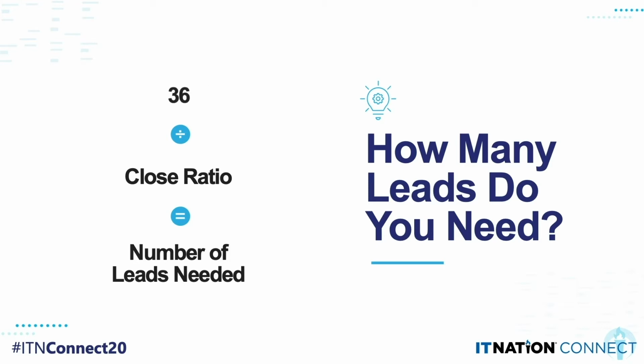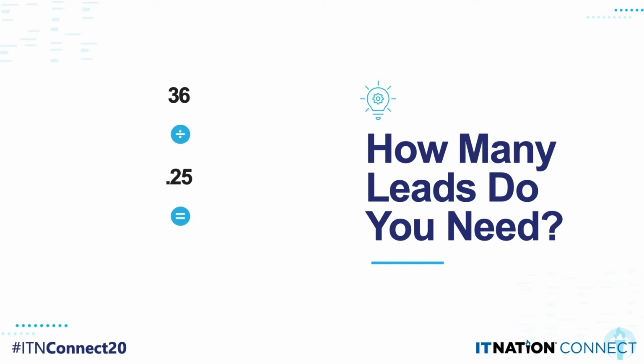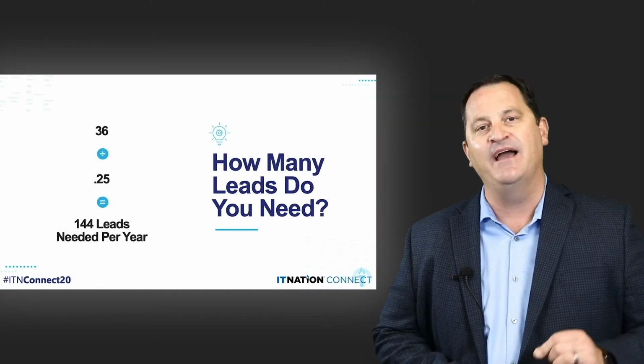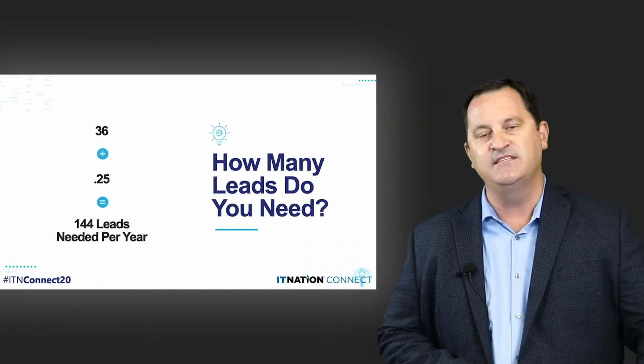So in this example, to achieve our dreams, I need 36 new clients per year, and I have a close ratio of 25%. So as soon as I get 144 leads per year, or 12 leads per month, I am on track to achieving my dreams. I'm doing what it takes to achieve my dreams.